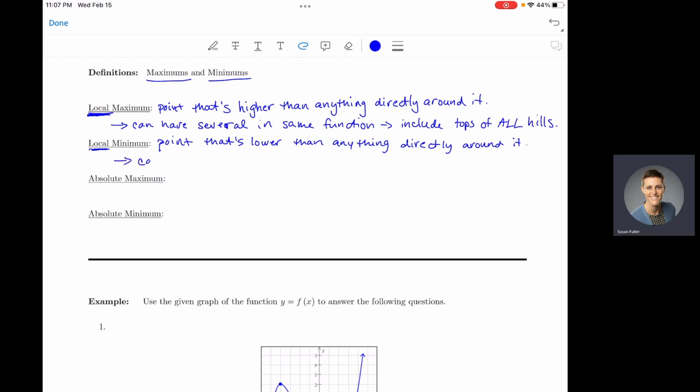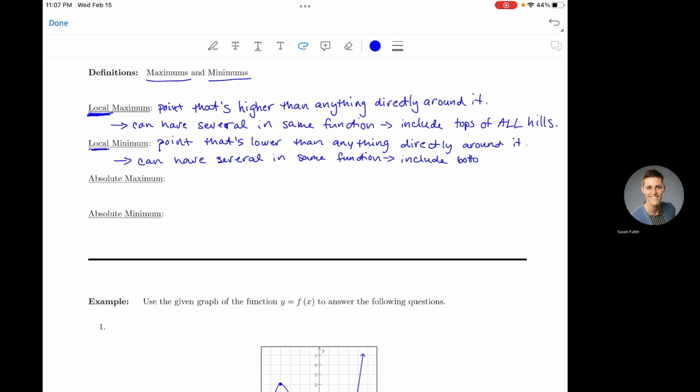Again, we can have several of these on the same function. So what that means is you're going to include the bottom of all valleys.